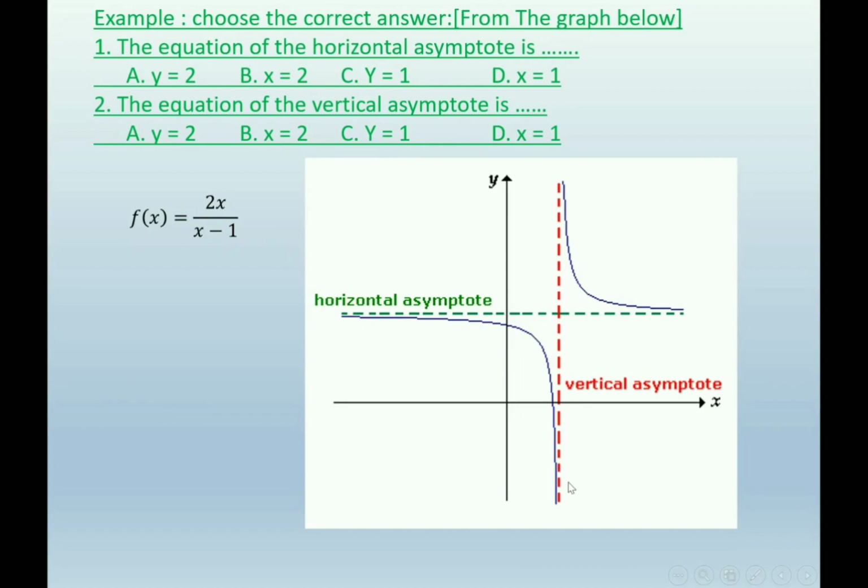And from the graph, you can see that the vertical asymptote cuts the x-axis at x equals 1. So the answer is D, which is x equals 1. So the answer for 1 is A and for 2 is D.